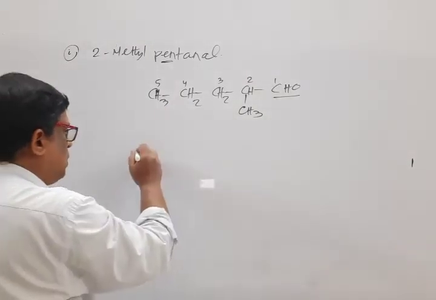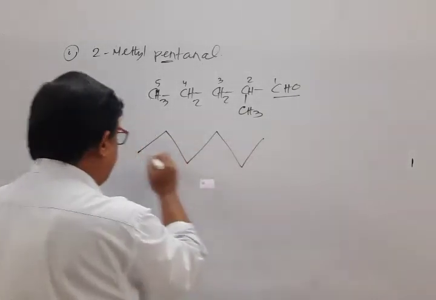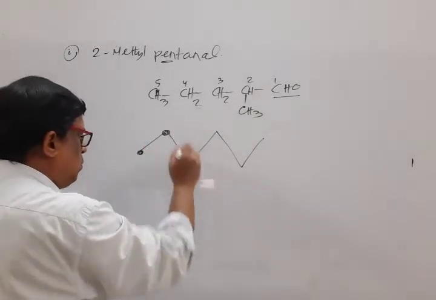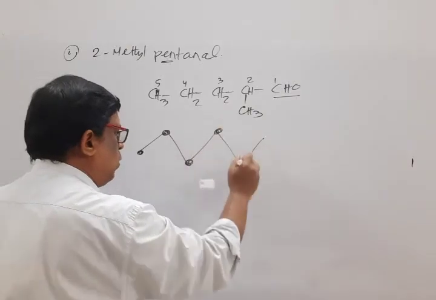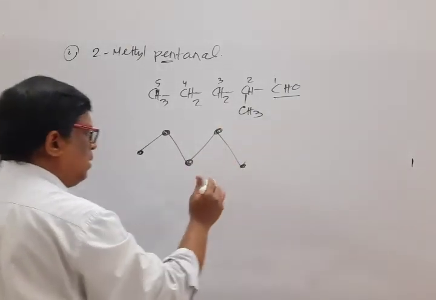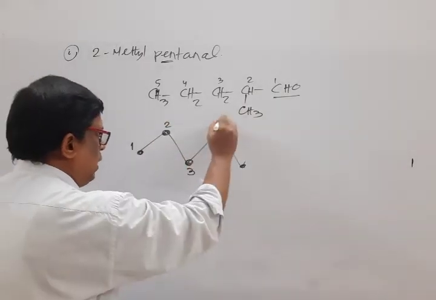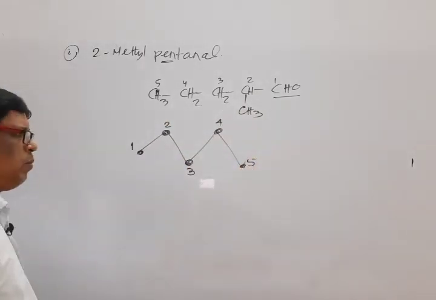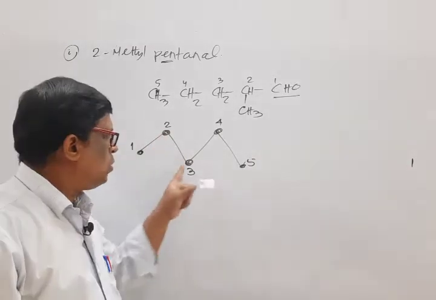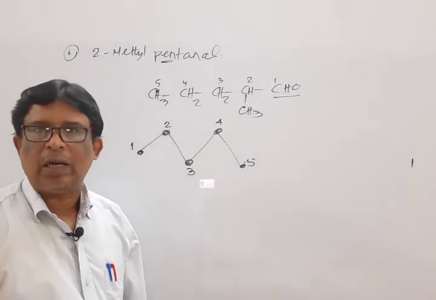As 5 carbon is there, 1, 2, 3, 4, 5. Numbered as 1, 2, 3, 4, 5. Mark that, because any junction or end point is 1 carbon atom.